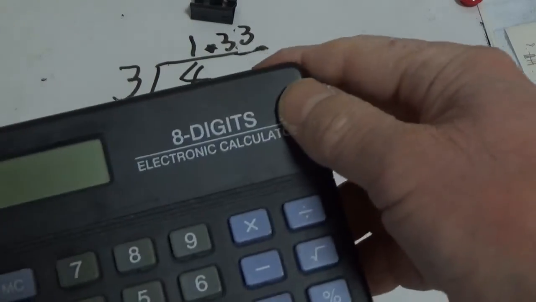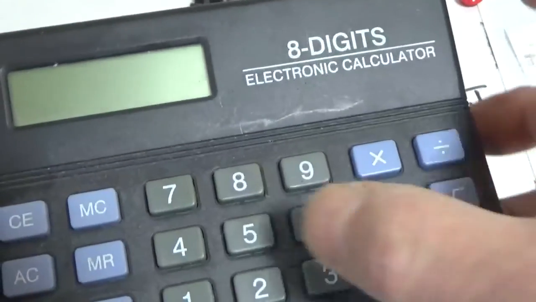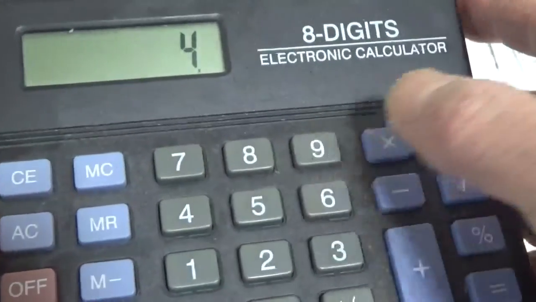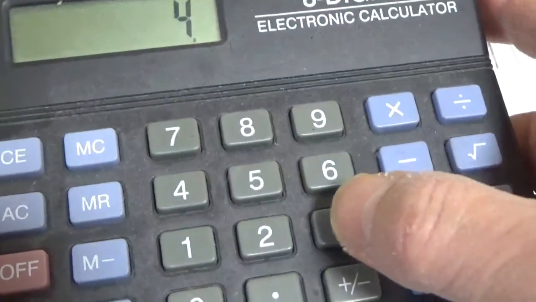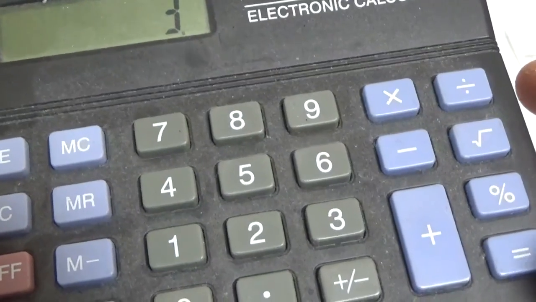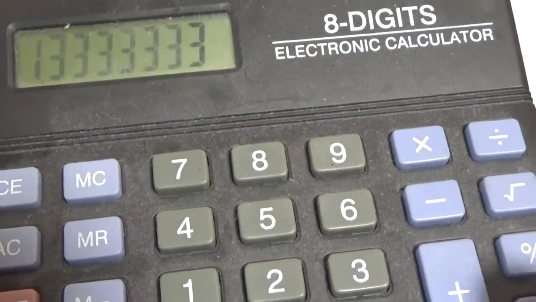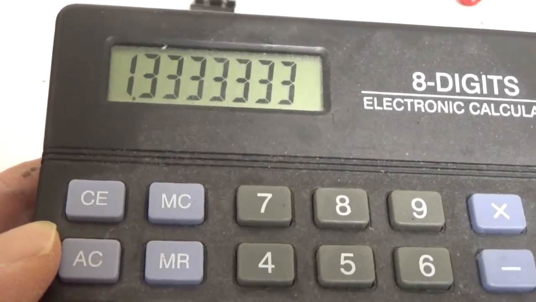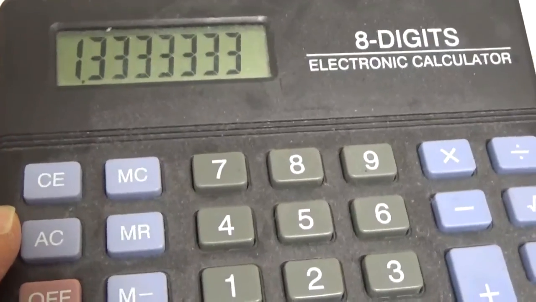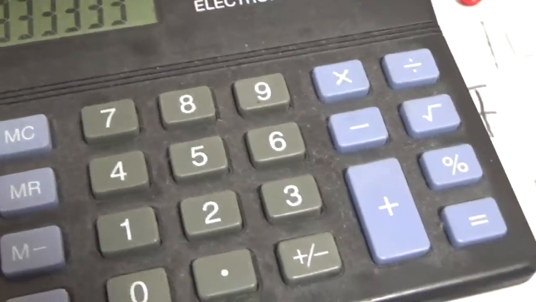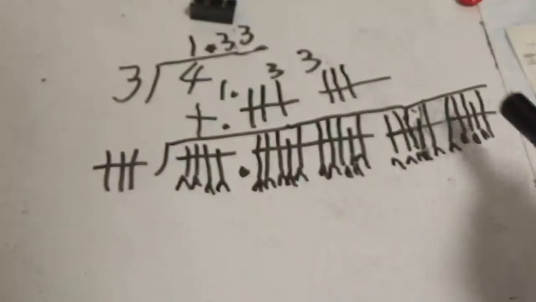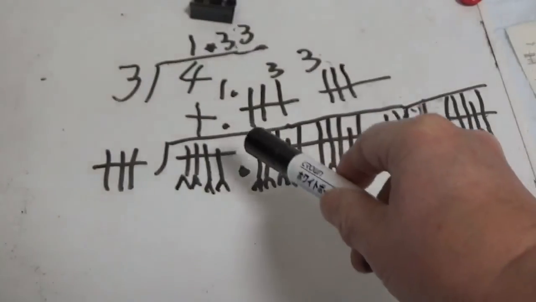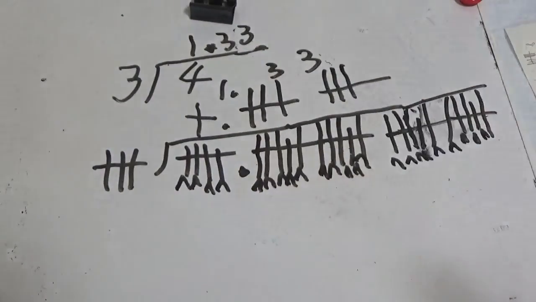Let's use the calculator. 4 divided by 3 equals 1.33. So this division by decimal fraction is correct.